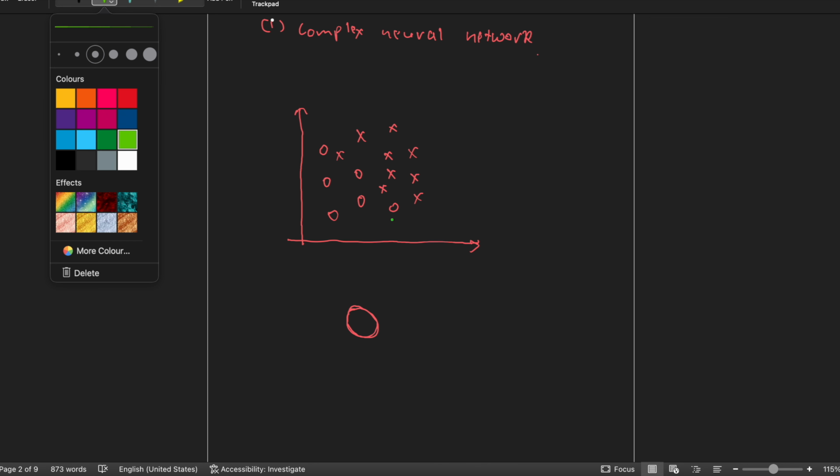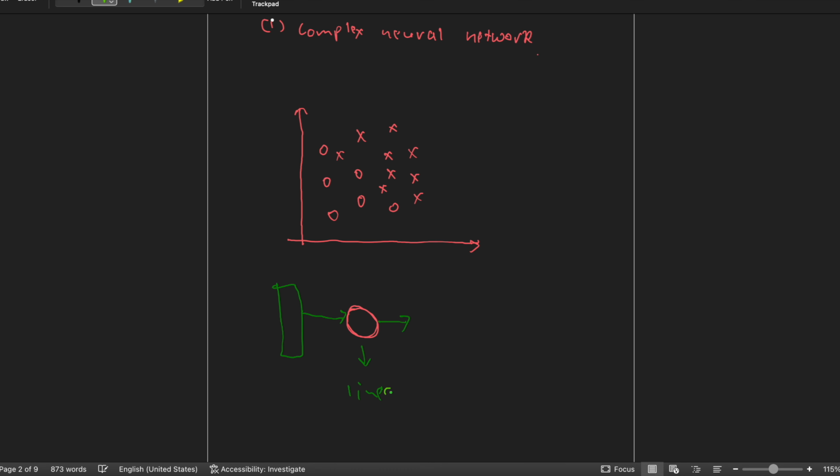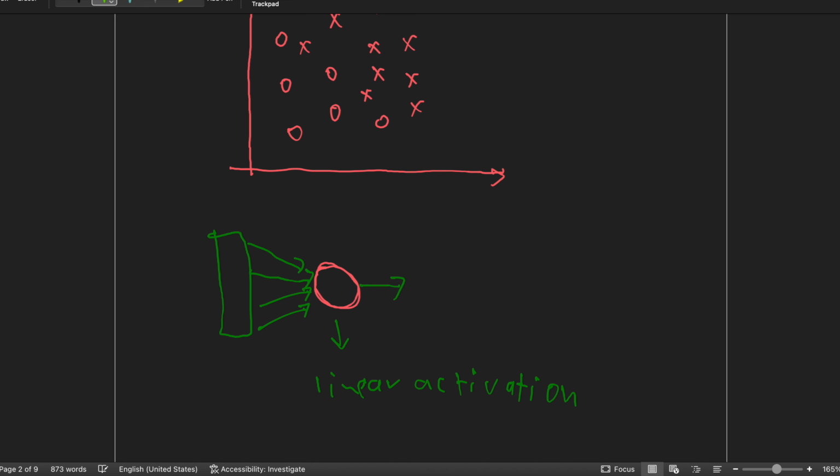So if we are applying linear activation, what will happen? If we are taking only a single neuron as our neural network model and passing input data points through it, and there are many data points, they all pass through, with some bias addition, and then we apply a linear activation function.